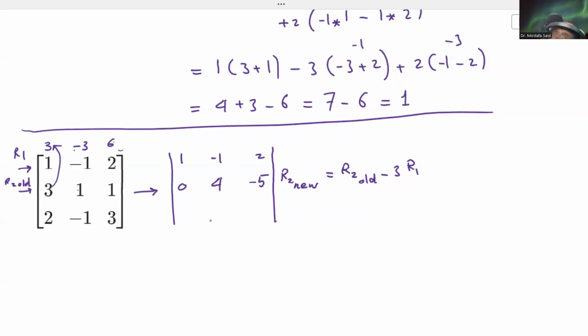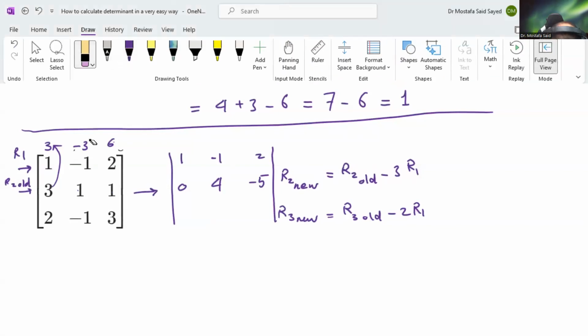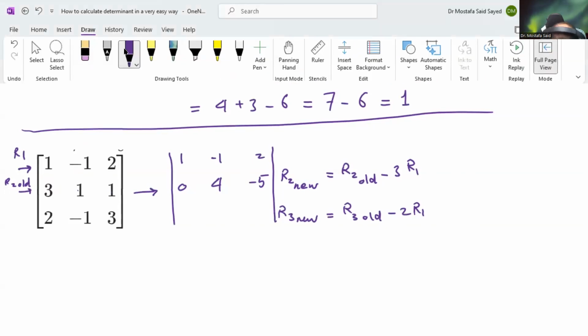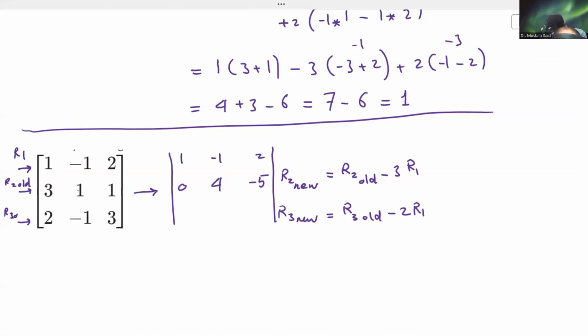Good. Now we're going to get rid of the 2. So R3 new will be R3 old, and to get rid of the 2, we should multiply the first row by 2. So minus 2 R1. So when we multiply the first row by 2, this is going to be 2 minus 2, 0.